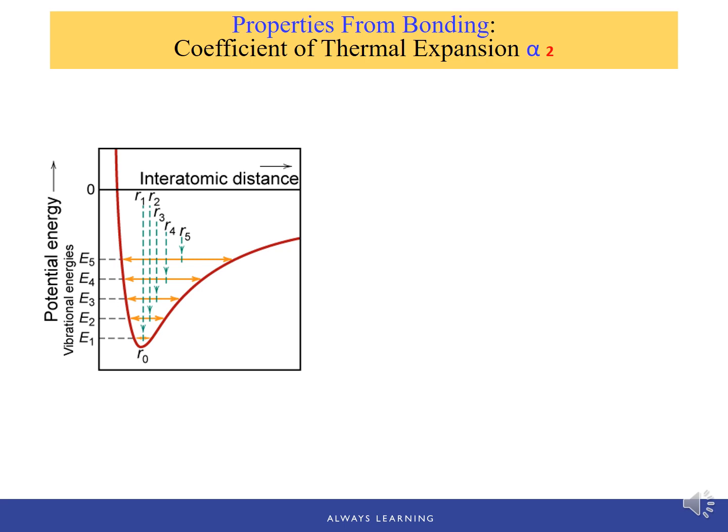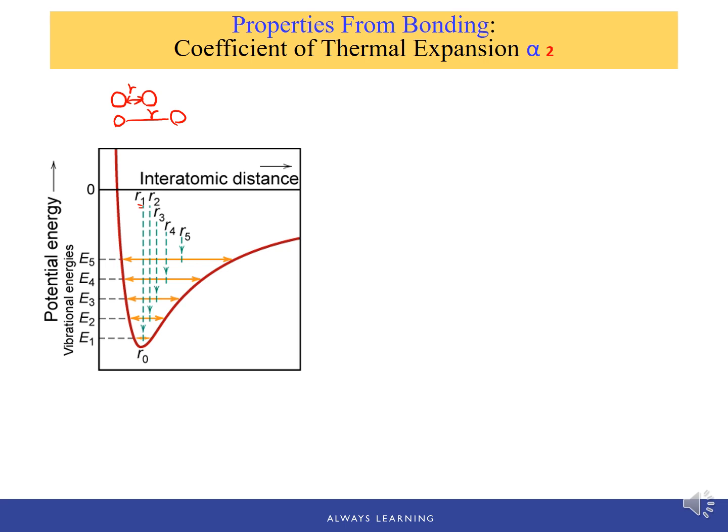Well, if we can increase the interatomic distance, for example, originally this is the distance between the two atoms, and if we increase the distance between the atoms, the overall dimension of the material will also increase. This means the increase of the average interatomic distance corresponds to the overall increase in the dimension of the material.